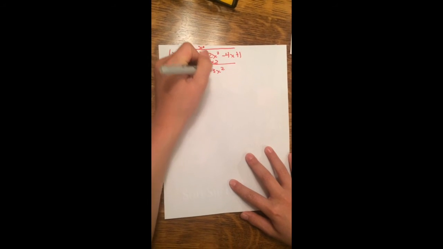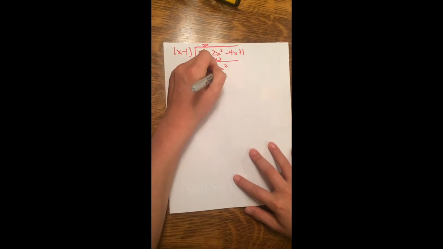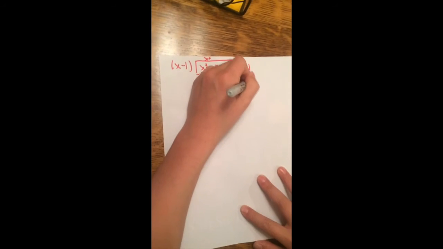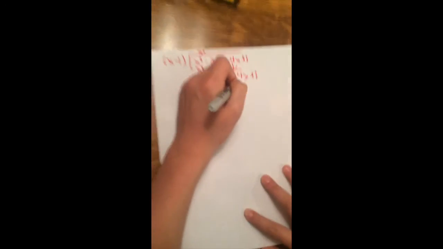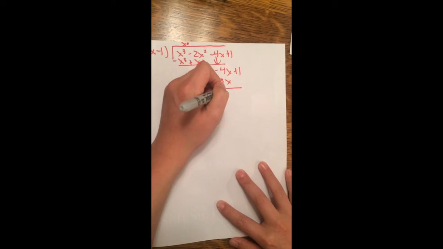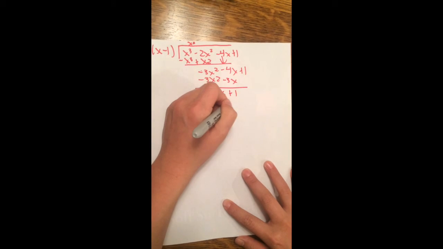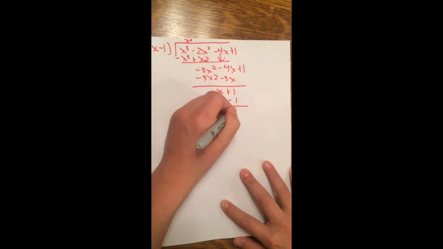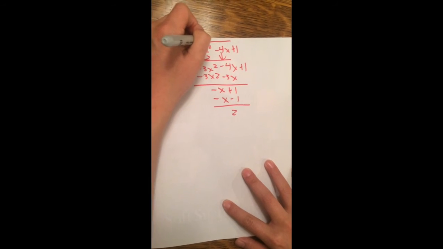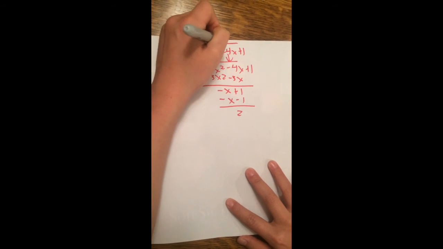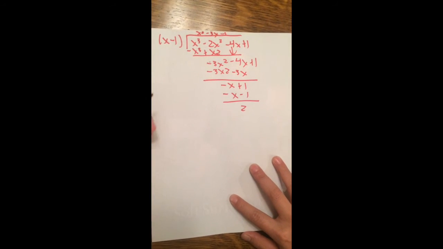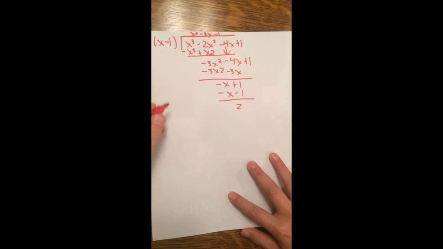Now you add those together, so that's minus 3x2 minus 4x, you drop that down, plus 1. This ends up not being factorable. This polynomial is not factorable with rational numbers and has no integer roots.